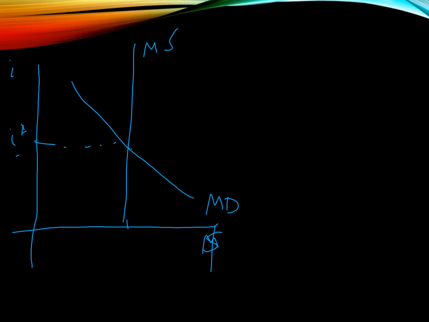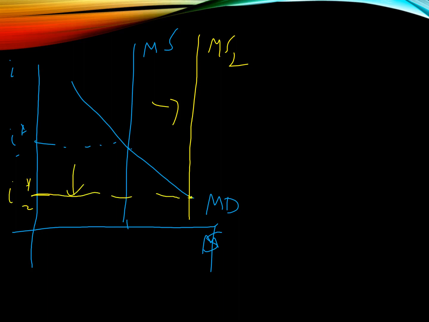If the Fed engages in expansionary monetary policy, this curve is going to shift to the right. And we're now going to have a new equilibrium down here. And our interest rates are going to be lower.